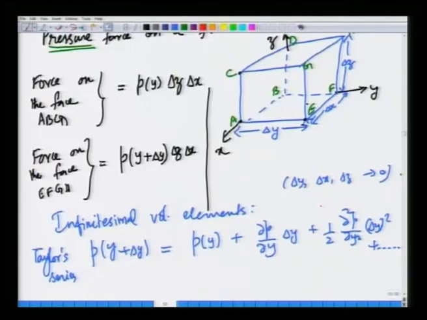Typically, these higher order terms are smaller, so we can neglect them, and we can keep our expansion only up to first order.